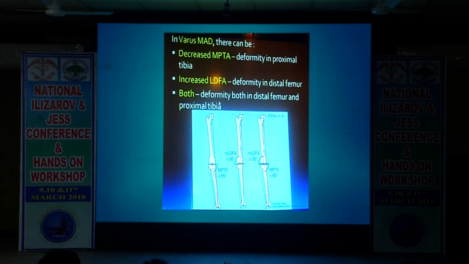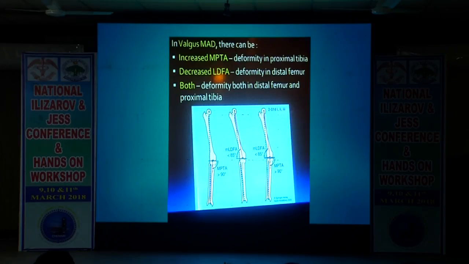So in that case, your correction will be around the femoral shaft area. And if both are deformed, then there is deformity on both sides. Similarly, on the valgus side, if you have increased MPTA, it is the tibia. If you have decreased LDFA, it's the distal femur, and both again is similar.